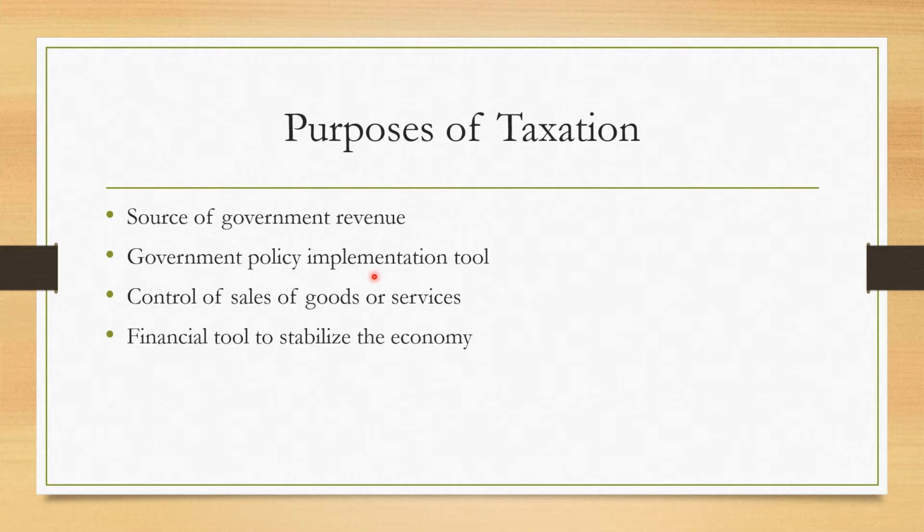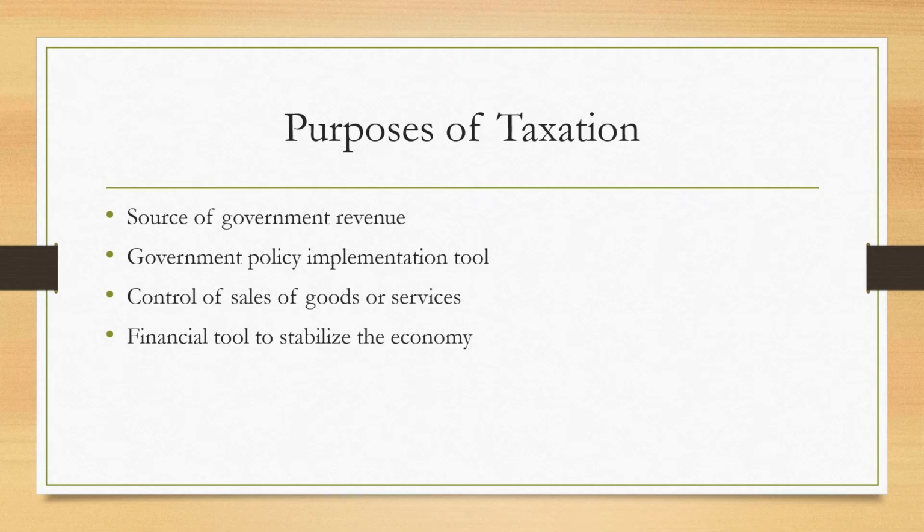For now, tax relief is for parent medical expenses to ensure a caring community, right? Another would be control of sales of goods or services, which is to discourage people from buying certain goods, for example, alcohol or tobacco, for instance. And a financial tool to stabilize the economy as well, as it says here.